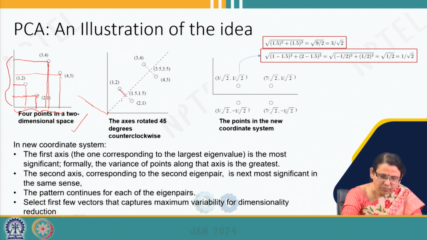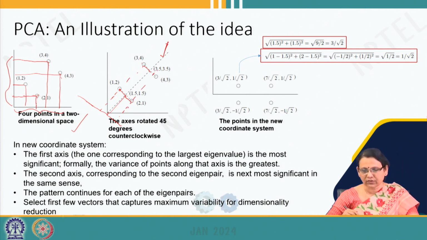This is the x component on this new axis, this is the y component, this is the x component, this is the y component, this is the x component, this is again the y component. So, maximum variability is captured on this line, this new x.